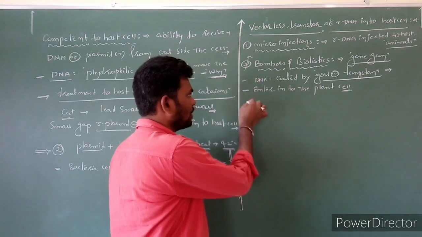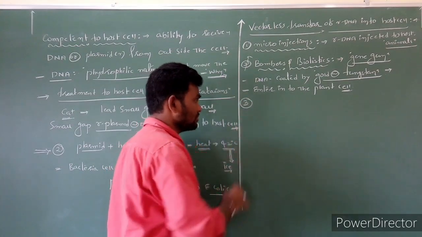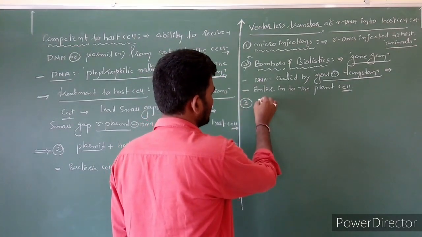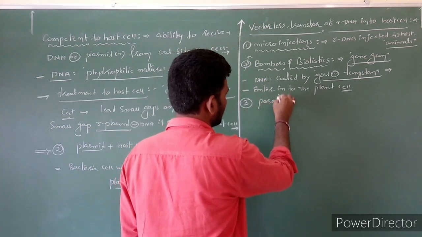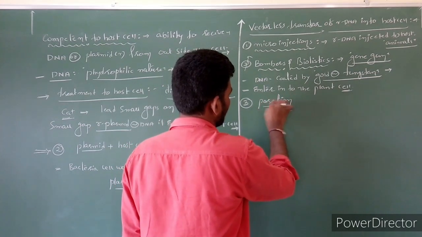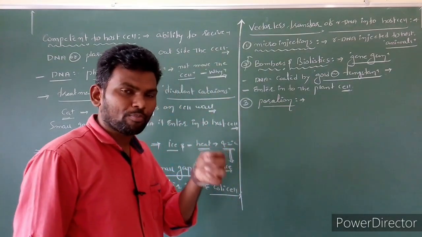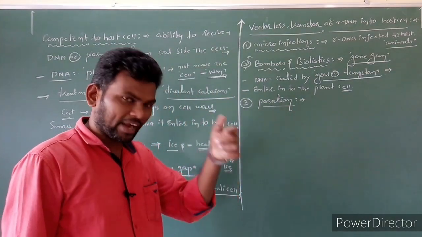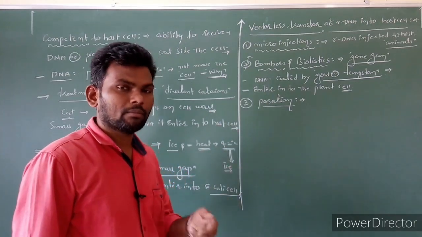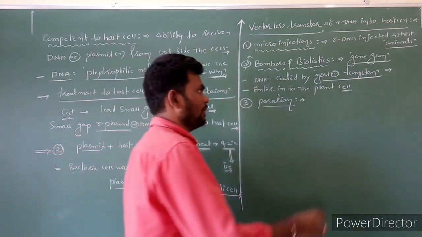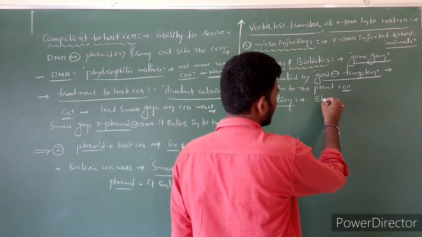And the third technique here is electroporation. It means making pores in the bacterial cell wall or plant cell wall by using electrical current.